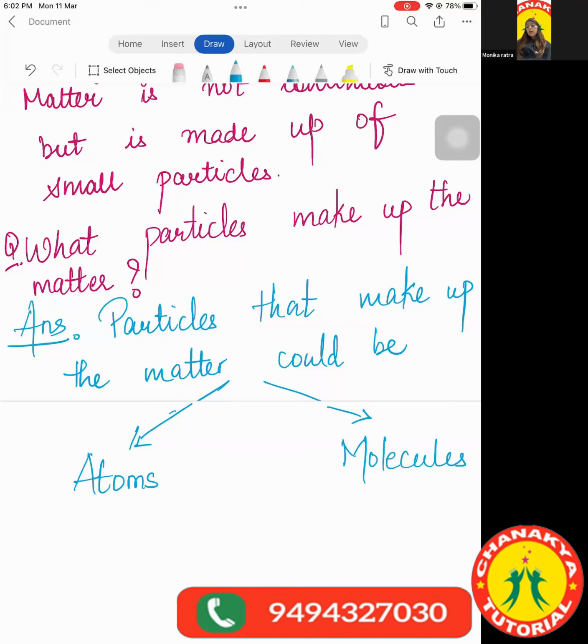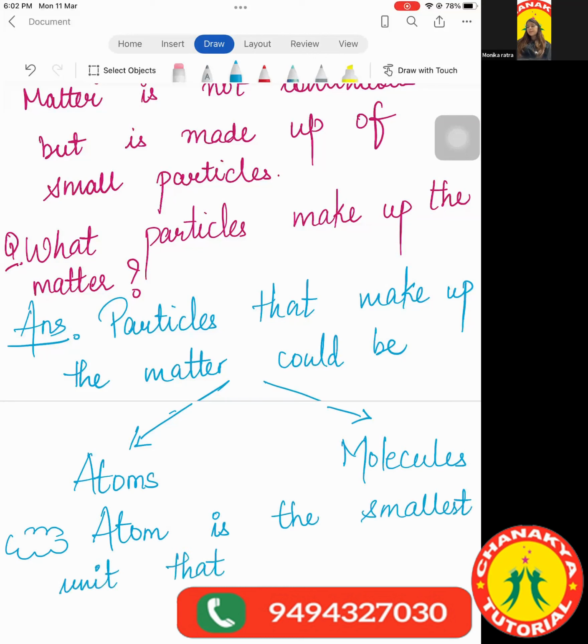An atom, in fact, is the smallest unit that makes up the matter. Clear, everyone? Atom is the smallest unit that makes up the matter.